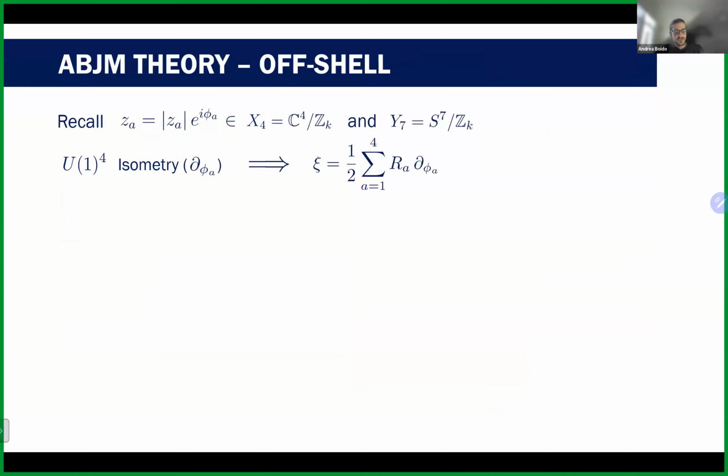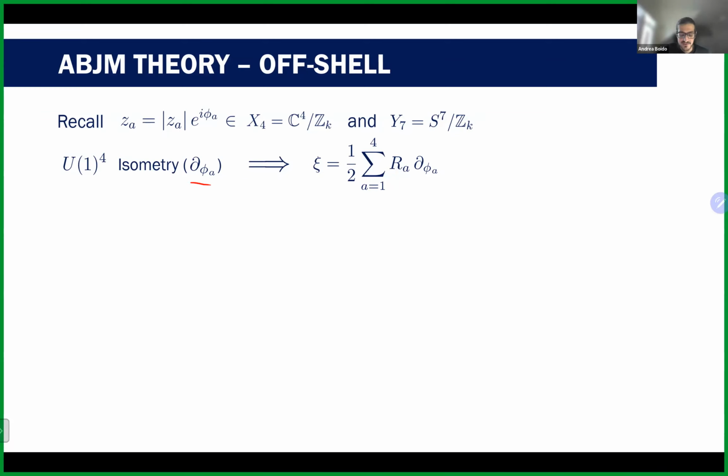All right. So what is our ABJM theory off shell? You recall that we introduced these coordinates Z_A on C^4 mod Z_K, and clearly this space has U(1)^4 isometry, which is generated by these Killing vectors here. Then you can parameterize your R-symmetry vector in this way.